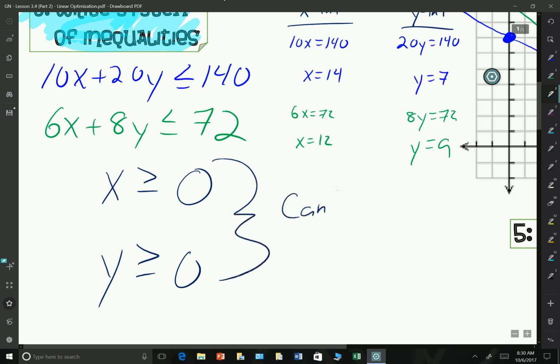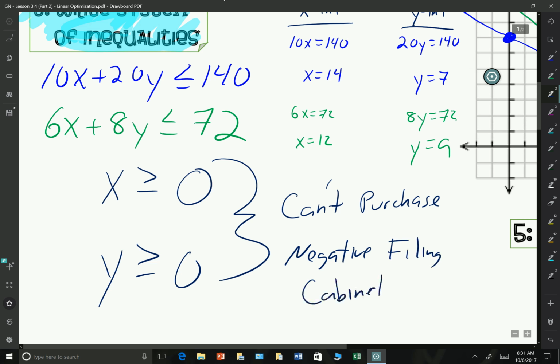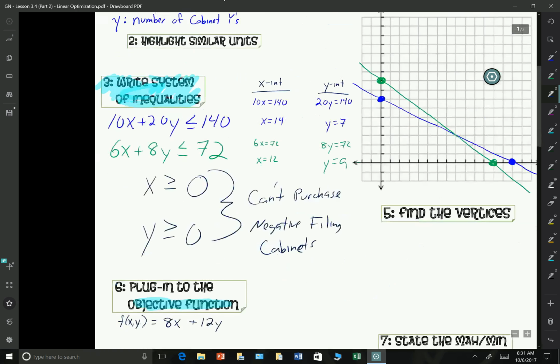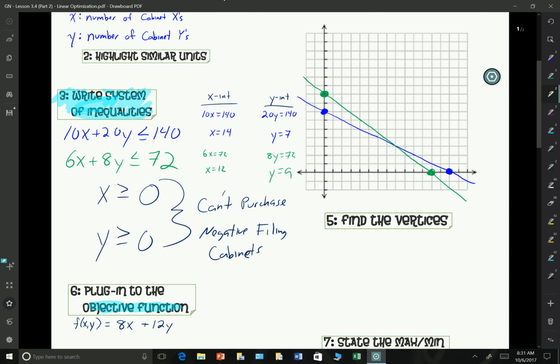You can't purchase negative filing cabinets. We kind of went over that with the ticket problems yesterday. But last time we had the lesson, because both of these are less than, I'm shading down.